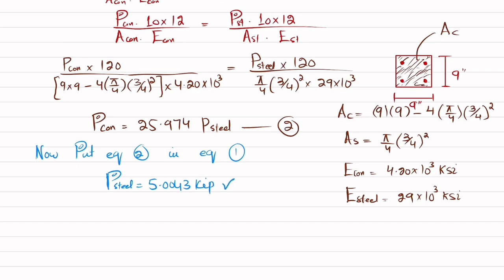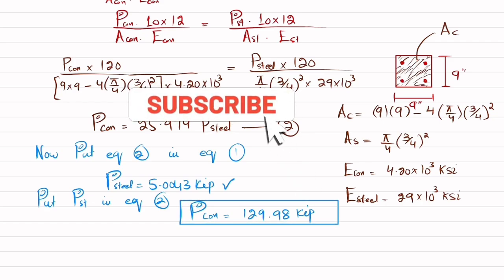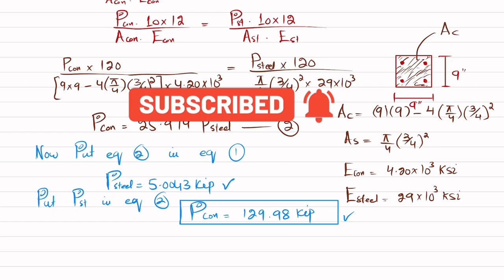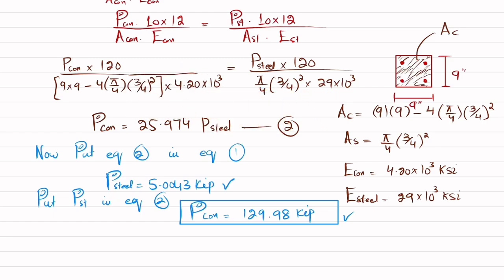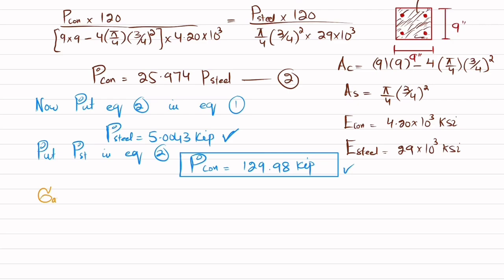When you get this value, you put P steel in equation number 2. So you will get P of concrete, which is 129.98 kips. It means that the major load is taken by concrete, which is this one, and the load that is taken by the steel is 5.0043 kips.